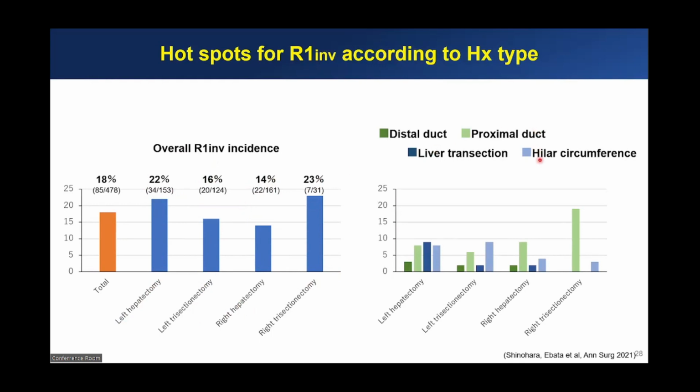Divided into detailed sites like this, we see a characteristic feature here. The right trisectionectomy has a high incidence of proximal duct margin. And as for the liver transection plane, like this figure, the left hepatectomy has a high incidence of positive liver transection plane.